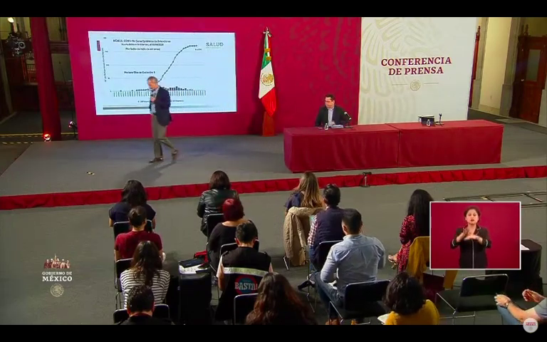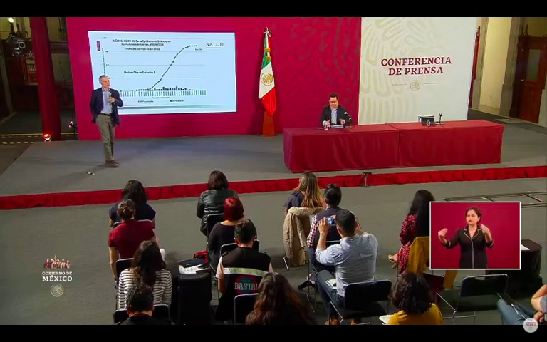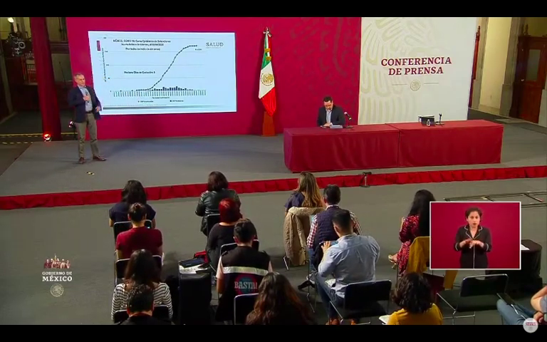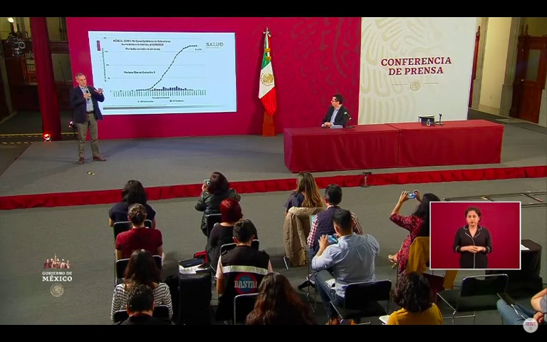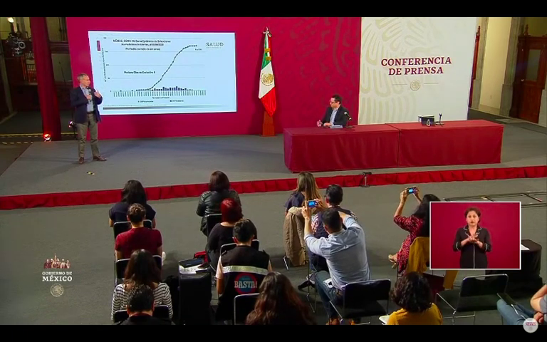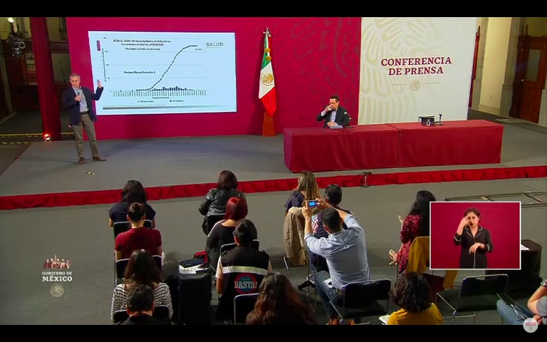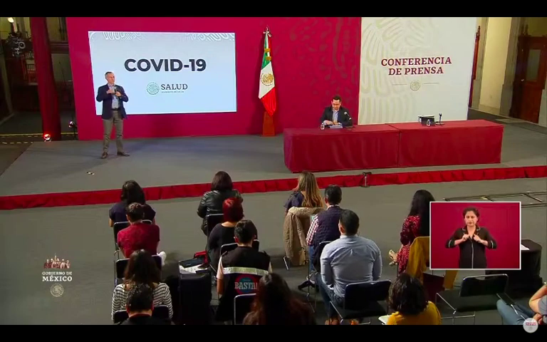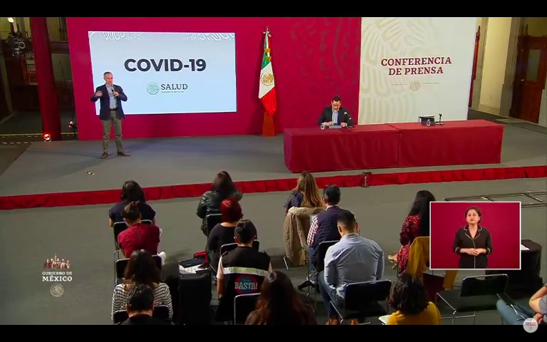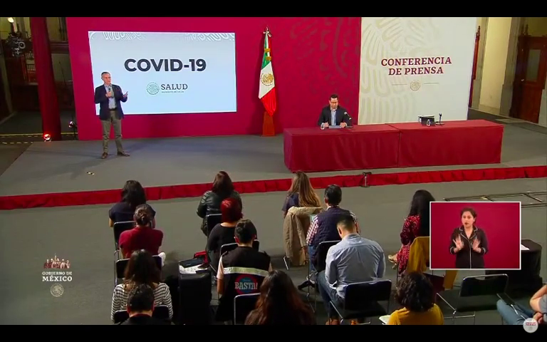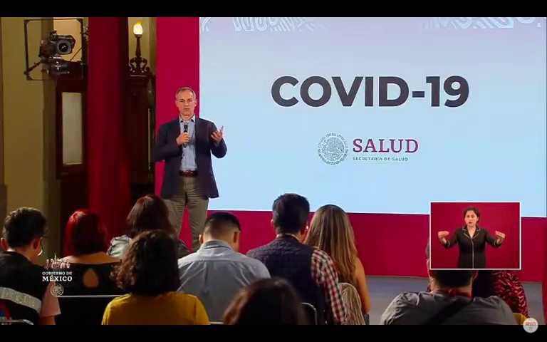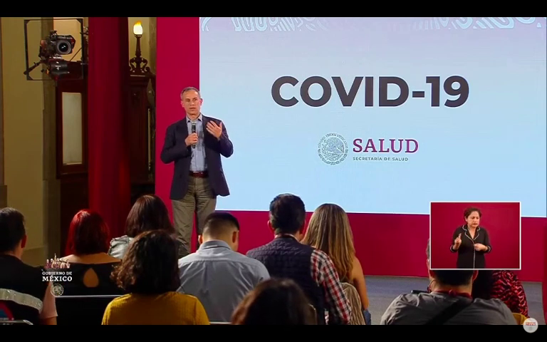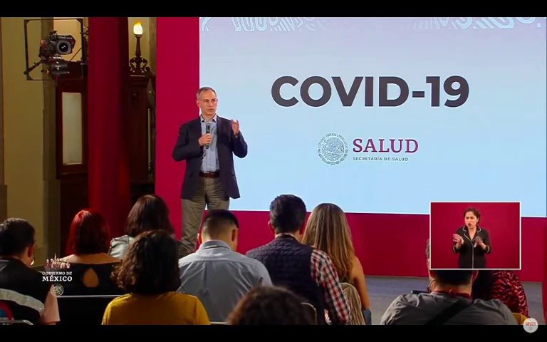Now we're going to be presenting some complementary information for you to get a better grasp of the pandemic. The information that we need for the management of an epidemic, when you have such a phenomenon, you need to have information about how this epidemic is developing, how it's behaving.